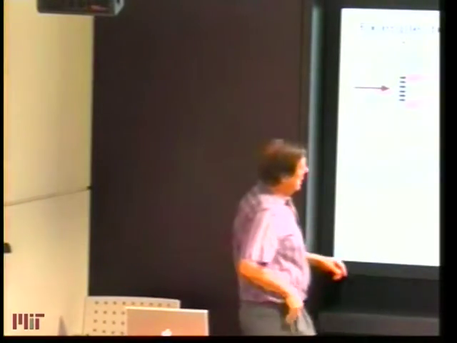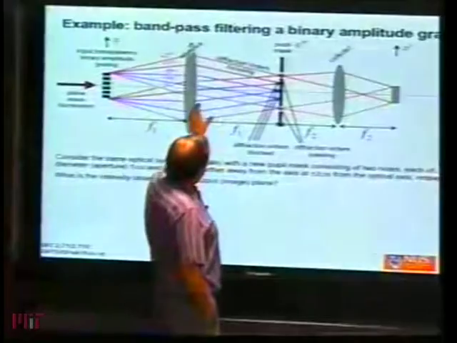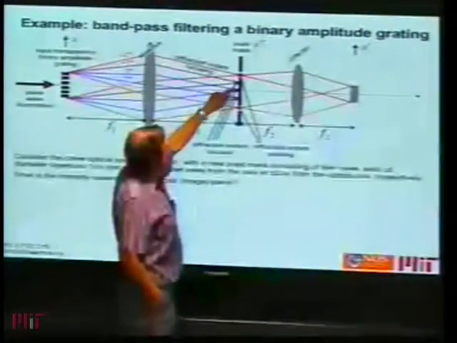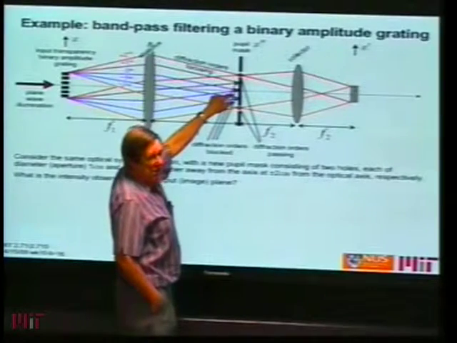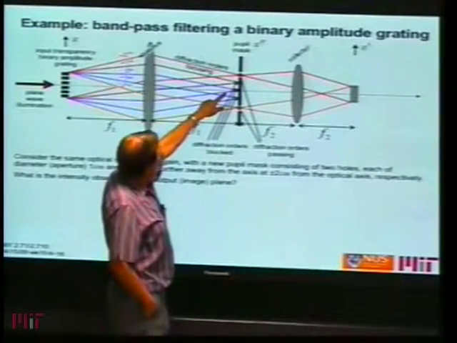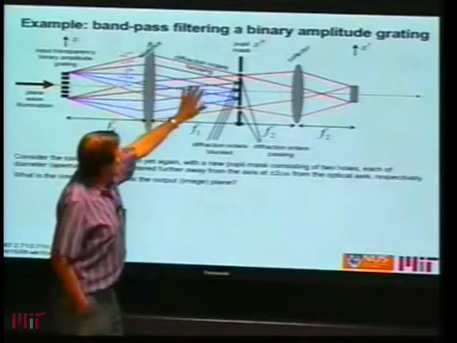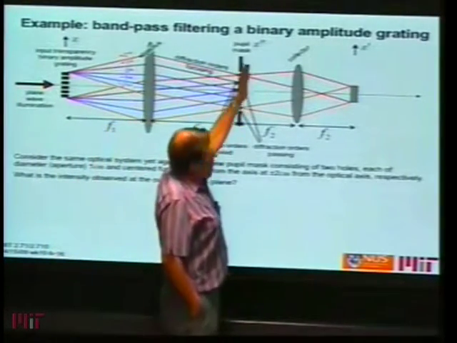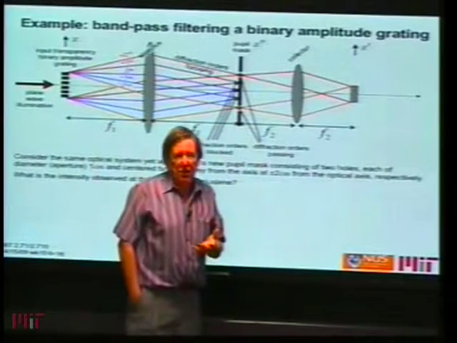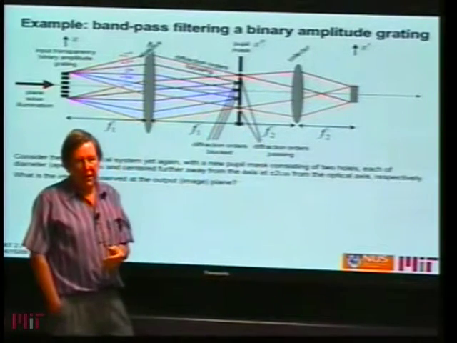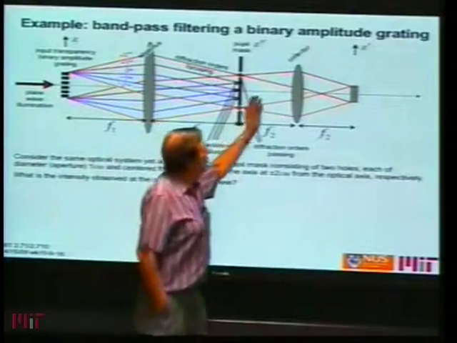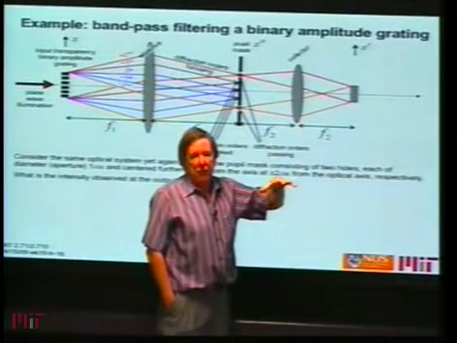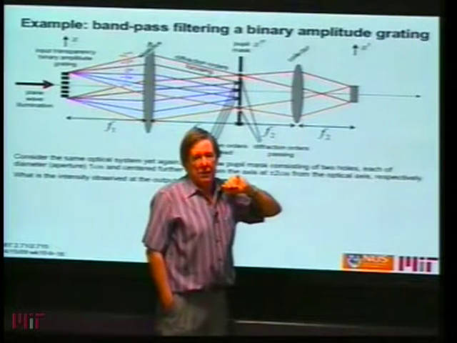You can see that the relative distances from the axis only depend on this part of the optical system. And then after the pupil mask, we've already decided what orders get into the final image. And then the final part just changes the relative size of the final image, you see.